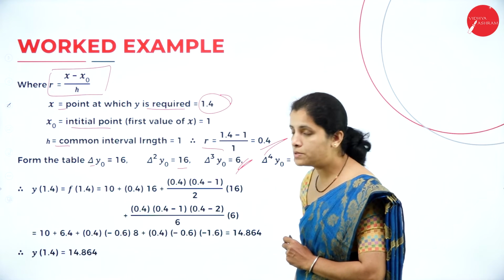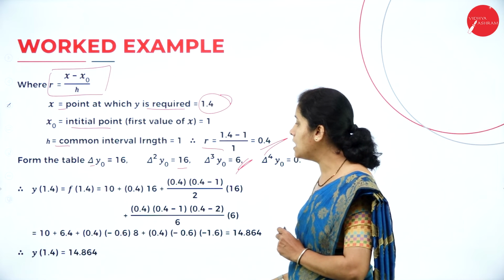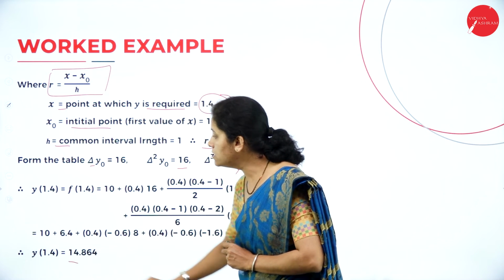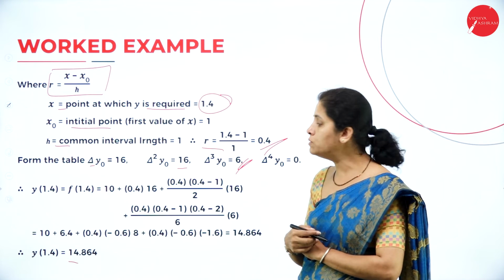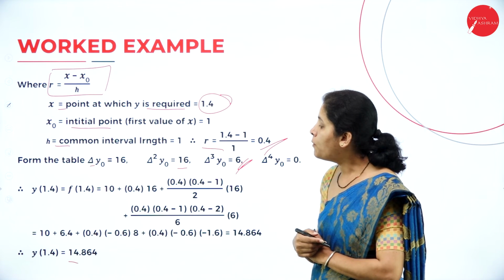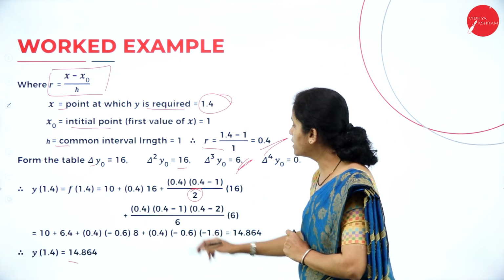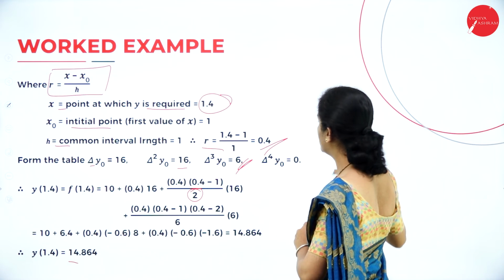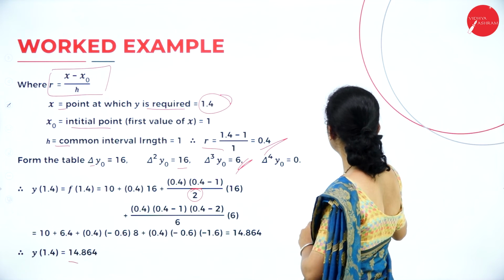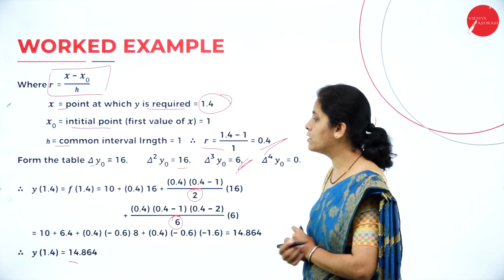After substituting and simplifying, I'm going to get the answer y of 1.4 equal to 14.864. And what about r factorial? 2 factorial is 2 into 1. If it is 3 factorial, 3 into 2 into 1. So here I got 6 and here I got 2.